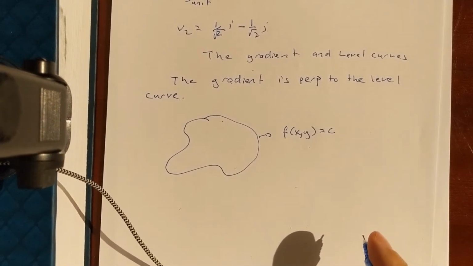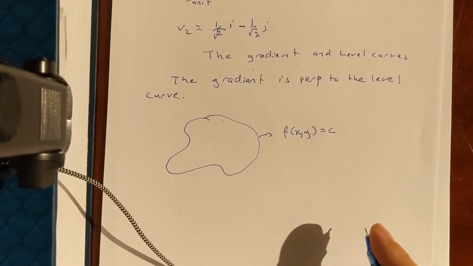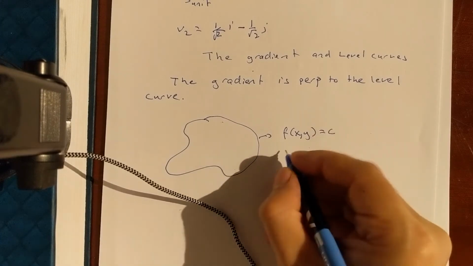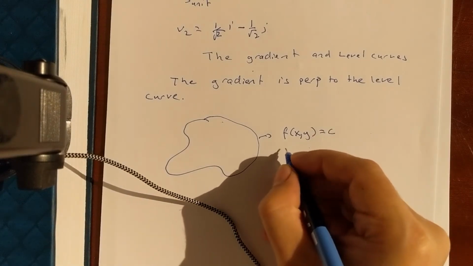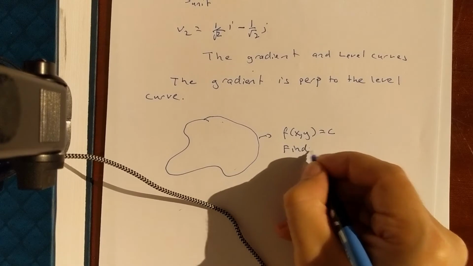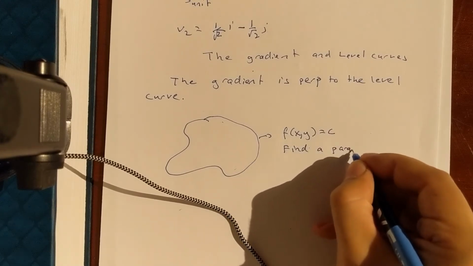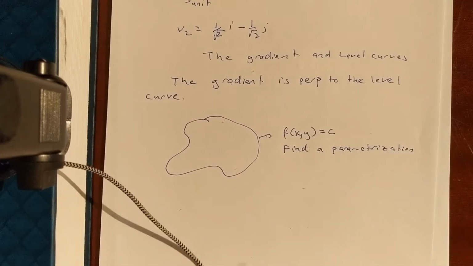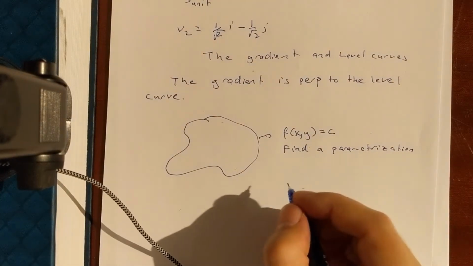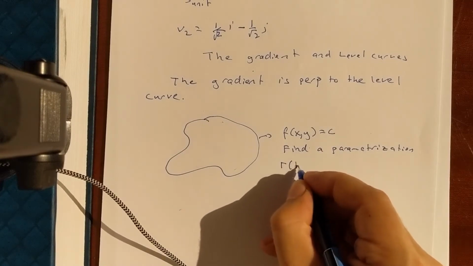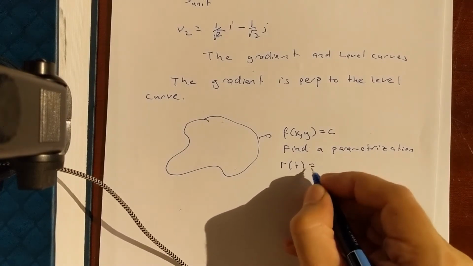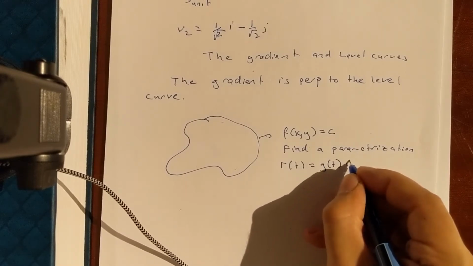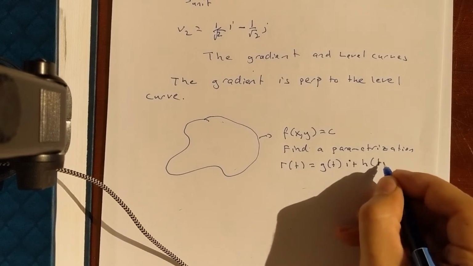Now, because it's a curve, a smooth curve, hopefully, let's find the parameterization of it. Let's say we found the parameterization, and we described it as r of t, a smooth curve. So it's g of t i plus h of t j.